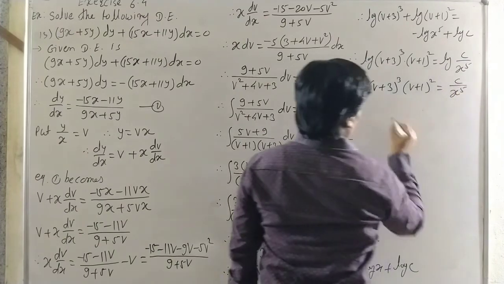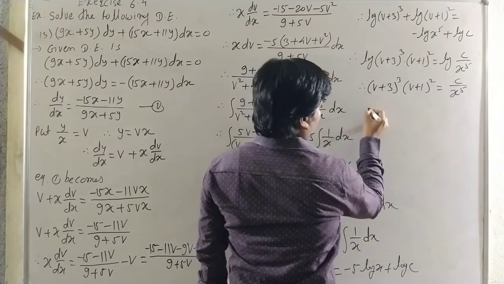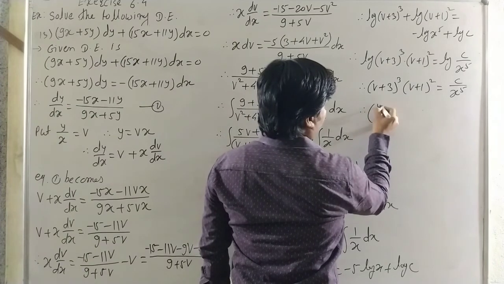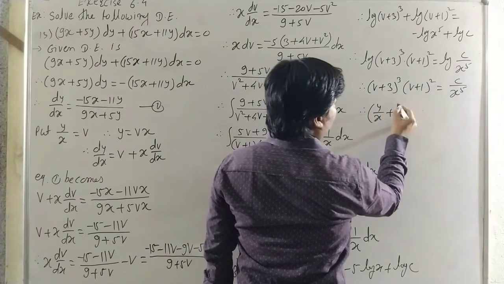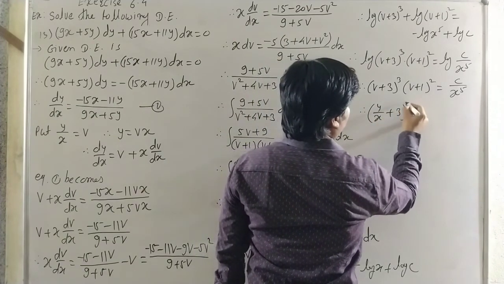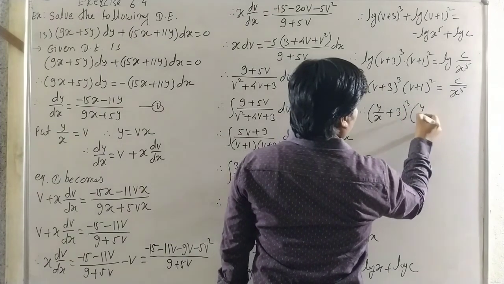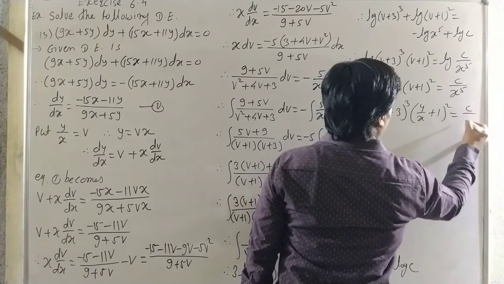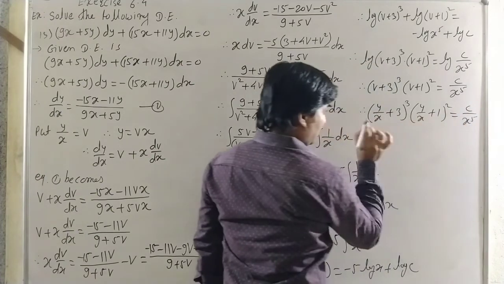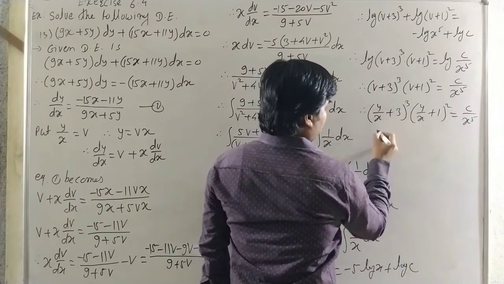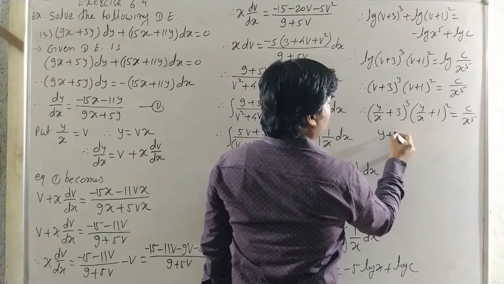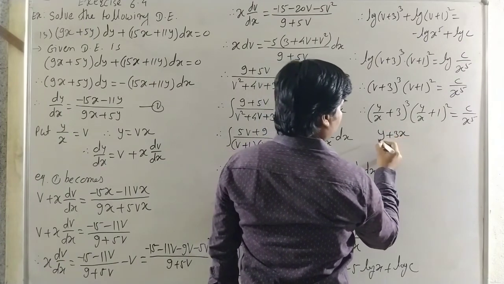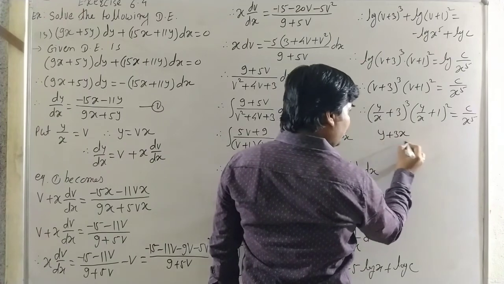Put the value of phi. Therefore it is y by x plus 3 cube, y by x plus 1 square is equal to c upon x to the power 5. See carefully this calculation. Then take the addition: y plus 3x upon x.